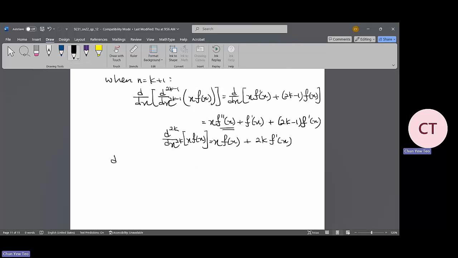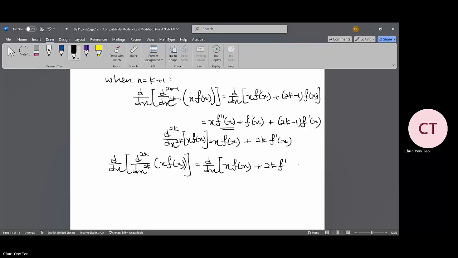So that means we need to differentiate the d2k over dx power 2k again. So this is what we want. This one, it will be differentiate the x f(x) plus the 2k f prime. So you keep the left, differentiate the right, plus keep the right, differentiate the left. Then this one you will get 2k f double prime.